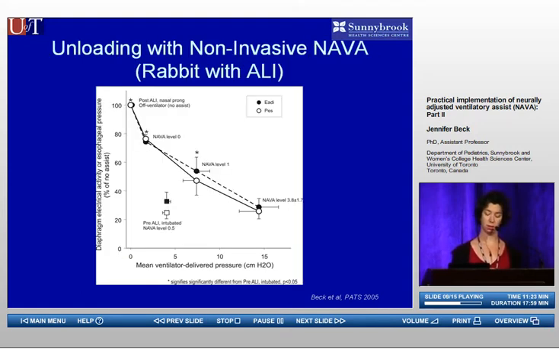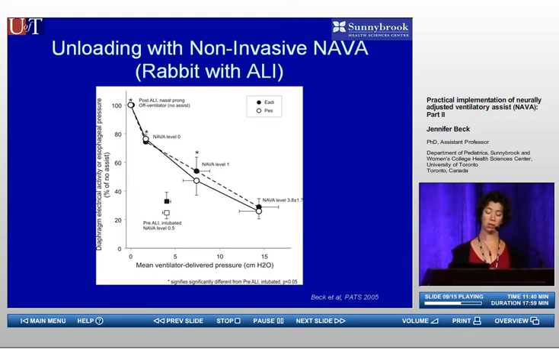This is the data on unloading during this non-invasive NAVA study we did. You have the diaphragm electrical activity and the esophageal pressure on the y-axis. The diaphragm electrical activity are the black solid symbols, the esophageal pressure are the empty ones.